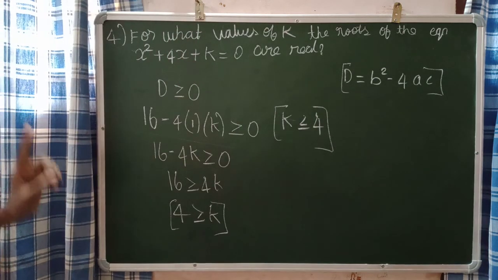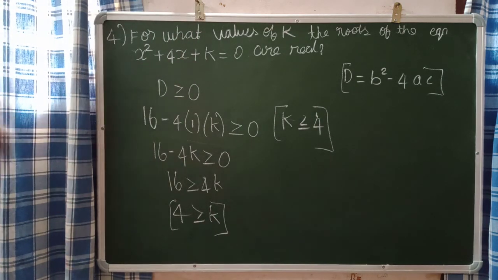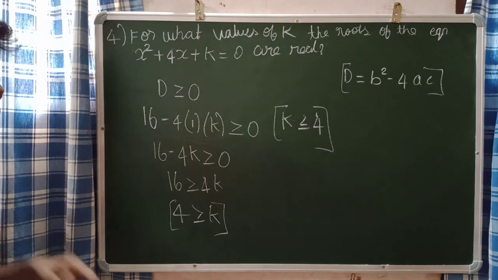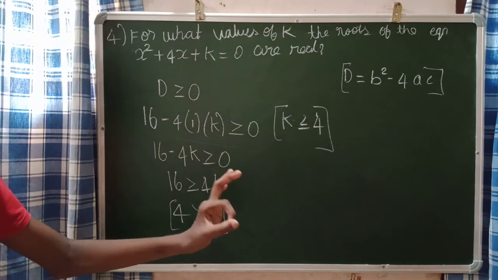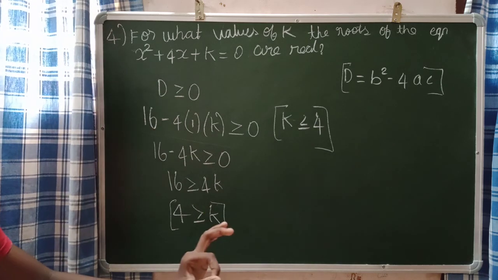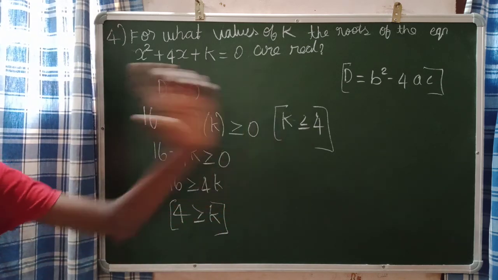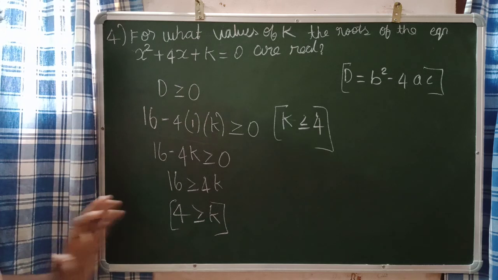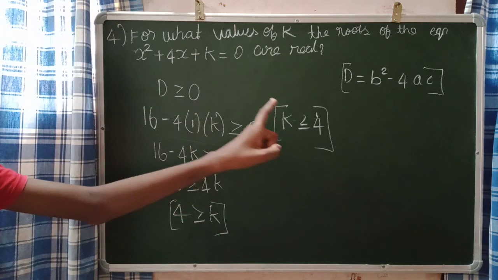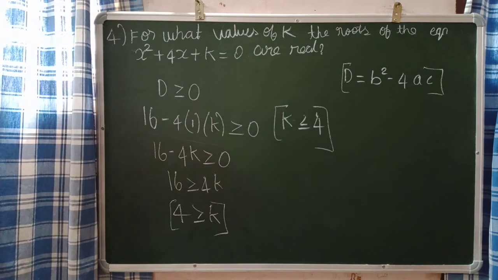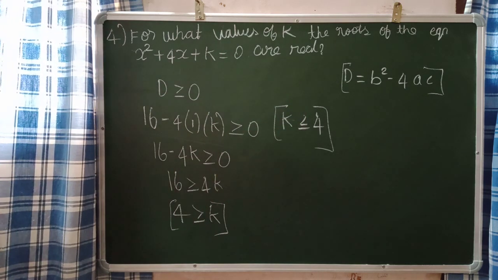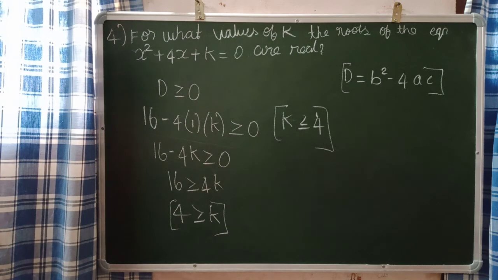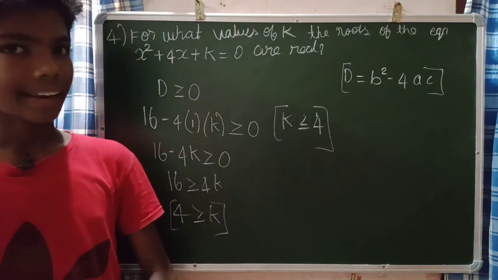So the values of k for which the roots of this equation are real is, k can be less than 4 or equal to 4. That's the condition for the value of k for which the roots are real for this particular equation. So k is less than or equal to 4. So that's all guys. Let us move on to the next question.